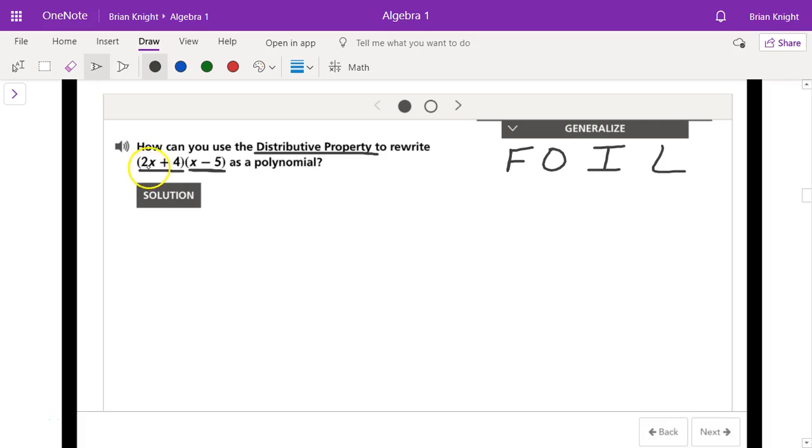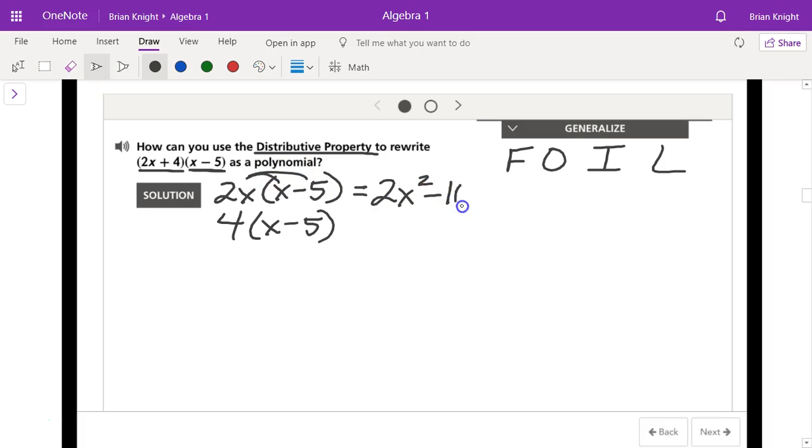We're taking 2x and multiplying it by x minus 5, and then we're taking 4 and multiplying it by x minus 5. And we're taking those answers and doing what? Combining them. So this would be 2x squared minus 10x, and this one is 4x minus 20, and then we add those up.